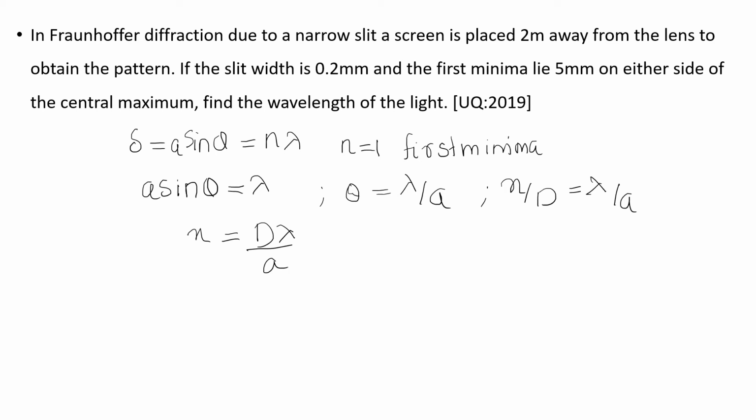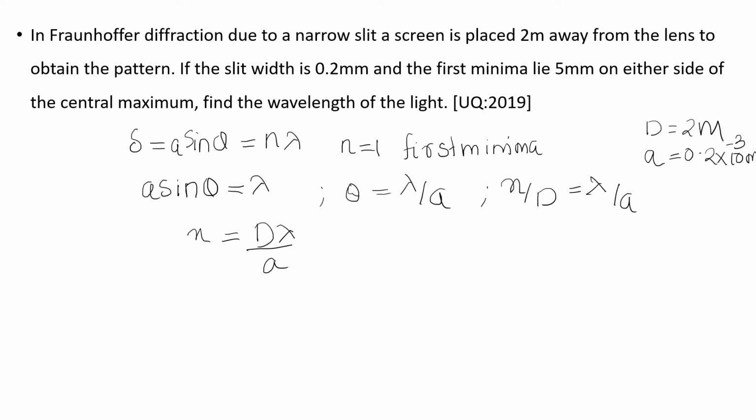Here in the data it is given that a screen is placed 2 meter away from the lens, that is capital D is 2 meter, and the value of a is given as 0.2 millimeter, that is 0.2 into 10 raised to minus 3 meter.